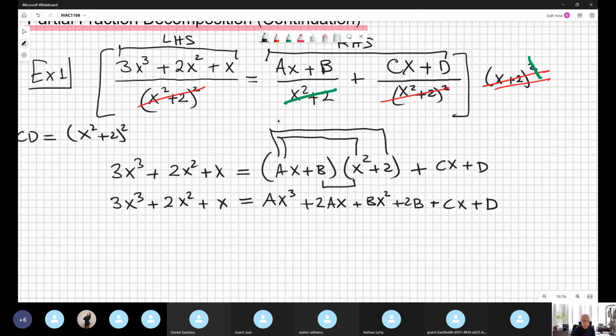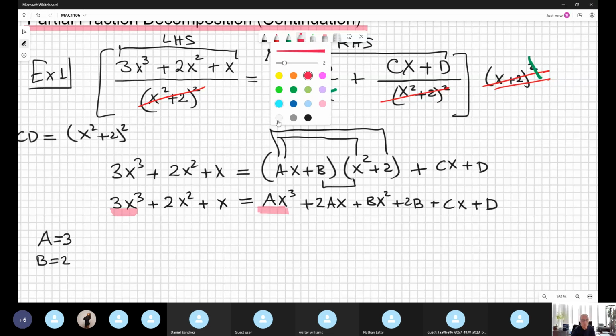Now I try to do grouping. I see that the only x cubed term is this, so it's obvious that a is 3. However, b is 2, because this is equal to this, b is 2.